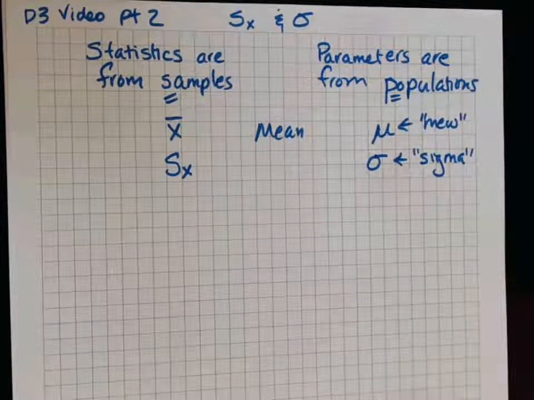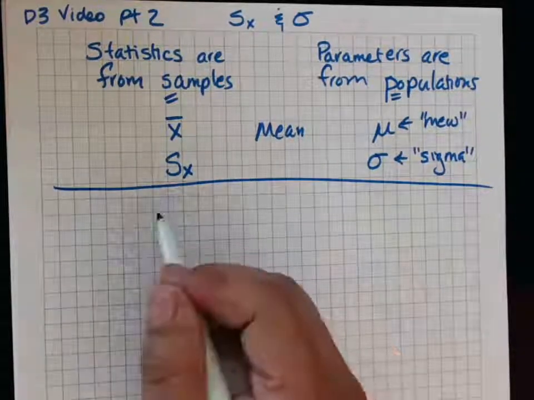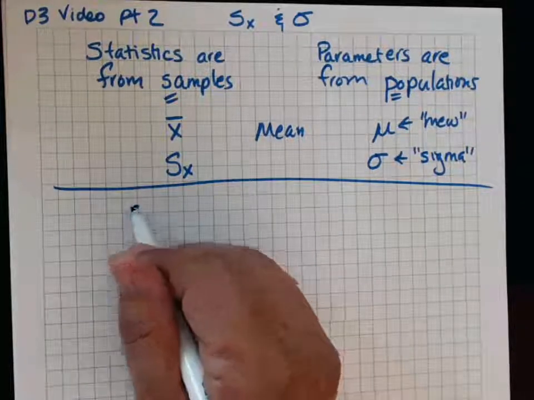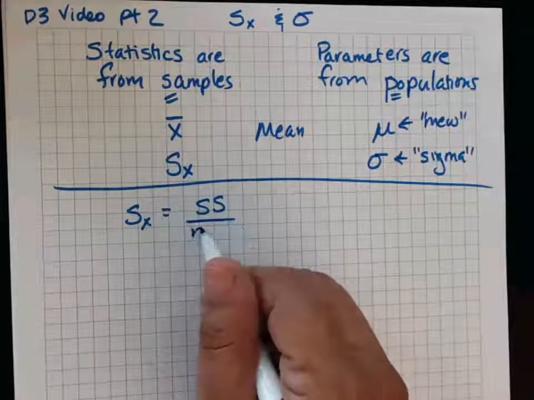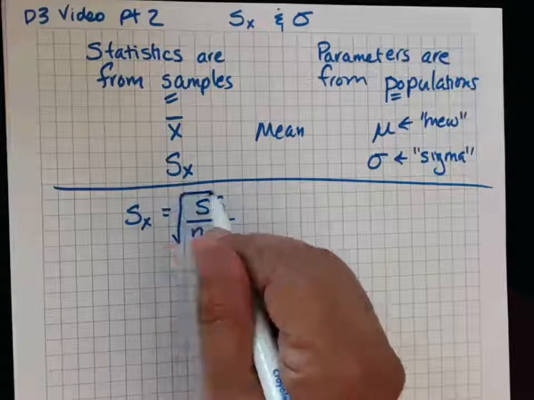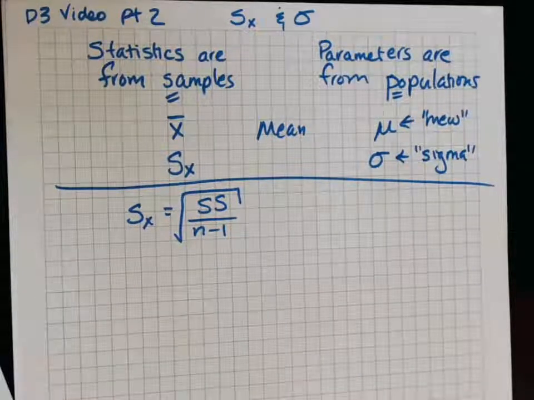Now, the neat part is that there's actually a relationship between these two, and we can look at it by looking at the formula for standard deviation. For a sample, it's the sum of the squared deviations divided by n minus 1. Take the square root.